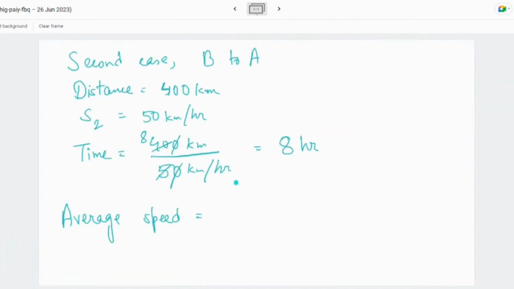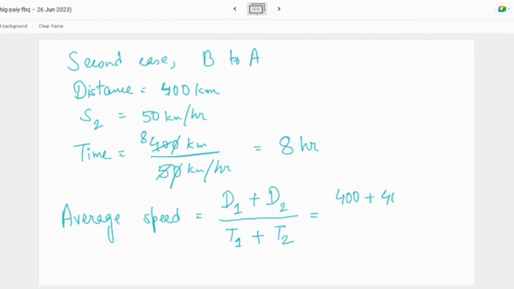So total distance means when the train is going from A to B, which is T1, and when the train is coming back from B to A, and again the time taken to travel from A to B and the time taken to travel from B to A. 400, obviously, again 400, and this one will give us 10 plus 8 hours.